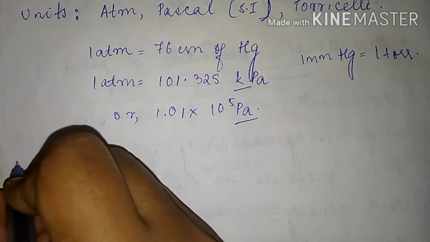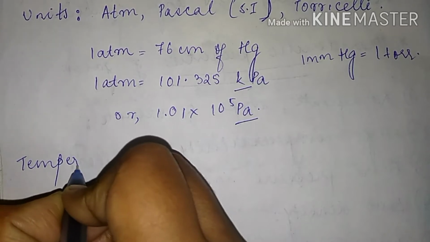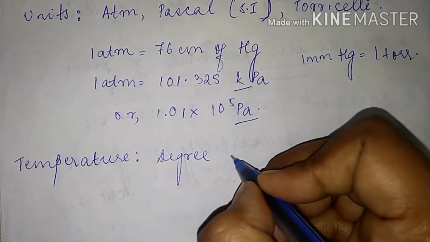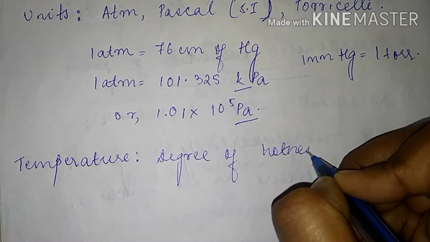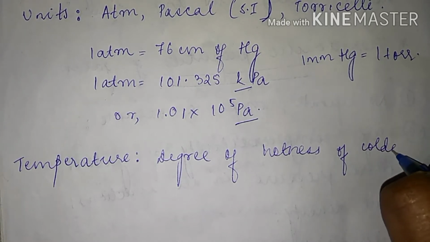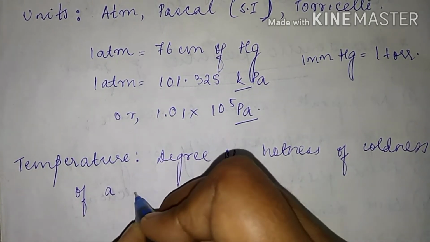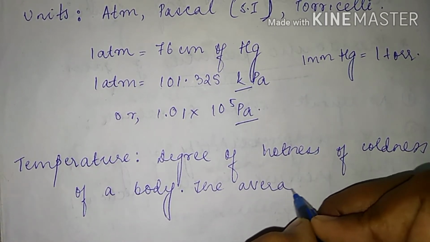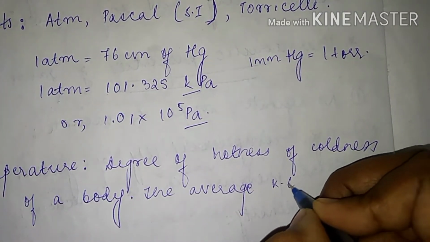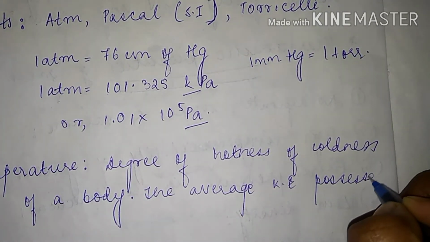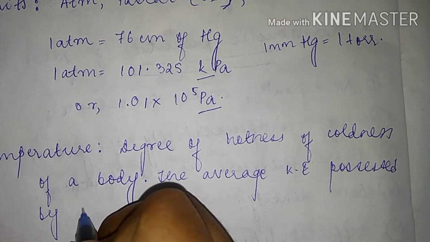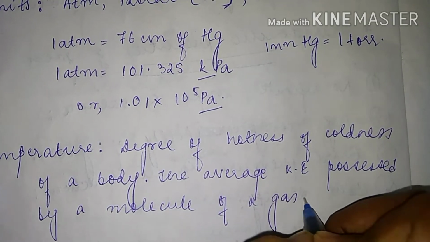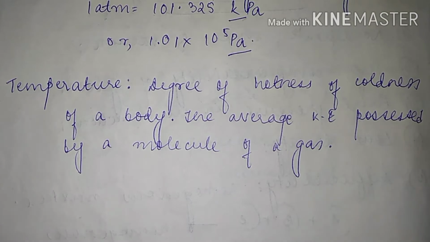The third parameter which we will discuss is temperature. Temperature can be defined as the degree of hotness or coldness of a body. The average kinetic energy possessed by a molecule of a gas is its temperature, as I have already mentioned above.